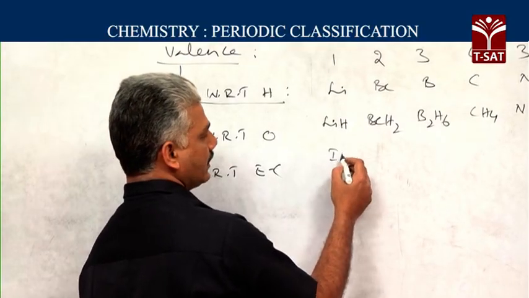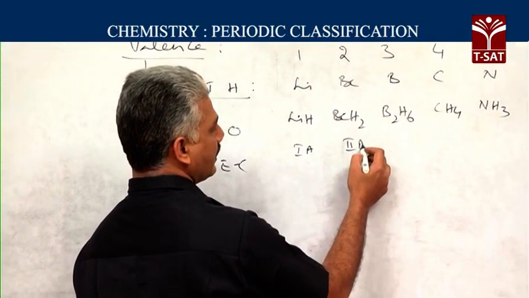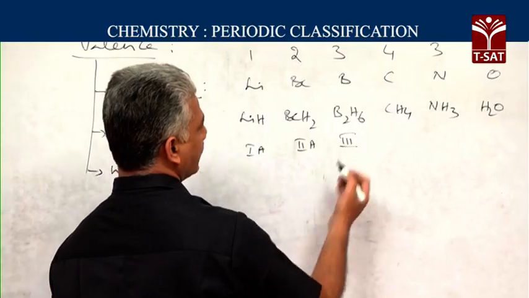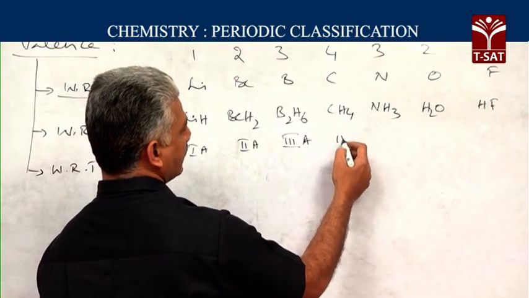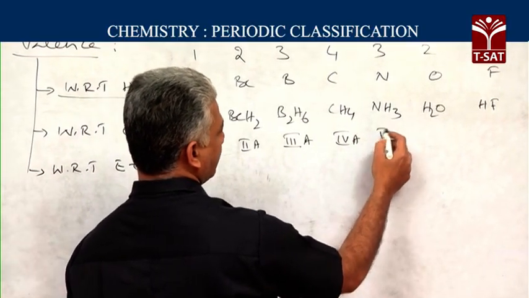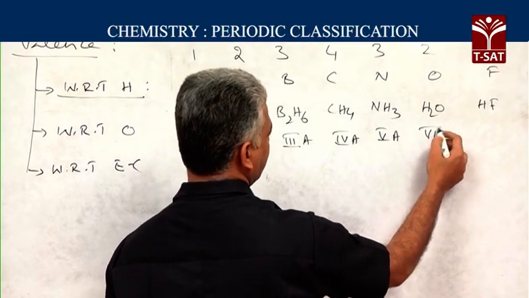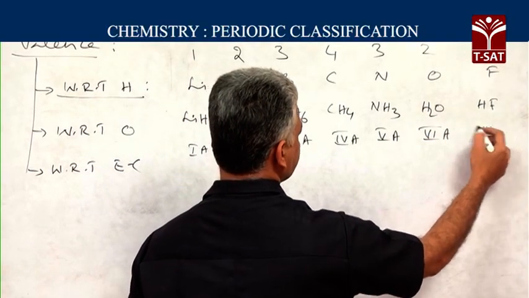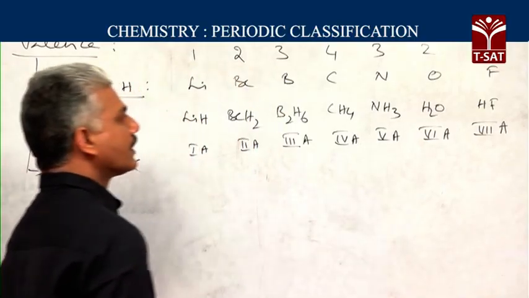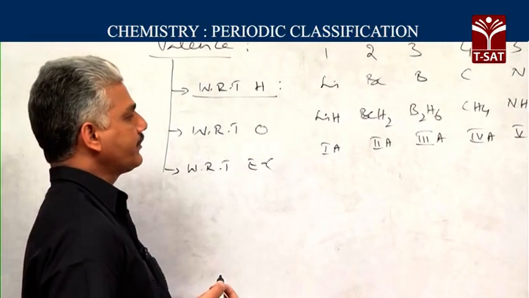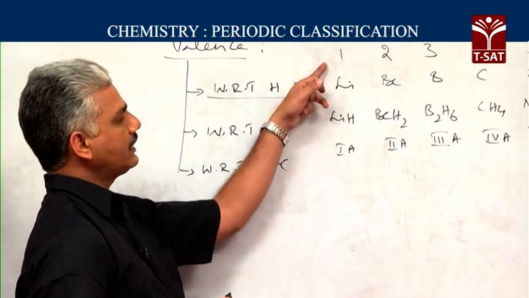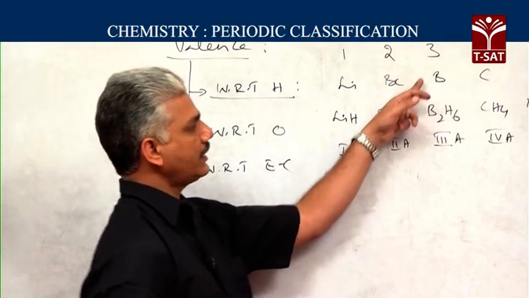Lithium belongs to 1A group, beryllium belongs to 2A group, boron belongs to 3A, carbon belongs to 4A, nitrogen belongs to 5A, oxygen belongs to 6A, fluorine belongs to 7A. So, group number and valency are correlated.